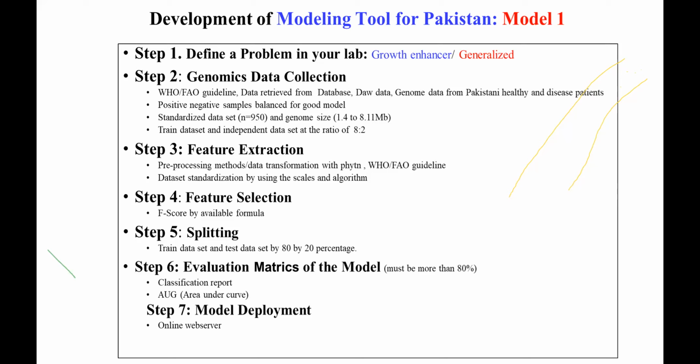By using the classification code and the AUC, area under the curve method, you can also evaluate your machine learning based model easily with the help of available tools. So from step number 1 to step number 7, you can easily build your own machine learning based model for preparation of any type of probiotic product based upon your own research.